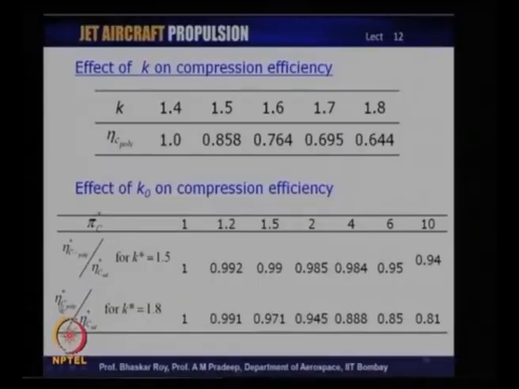If the value of k now changes to 1.8, the efficiency would start falling substantially, and this efficiency ratio that we are looking at falls from 1 to 0.81. So, these are the various effects of the value of k and k 0 if we use k 0 for total based cycle analysis, and we see that they have a substantial effect on the efficiency computation that one may like to do for cycle analysis of jet engines.